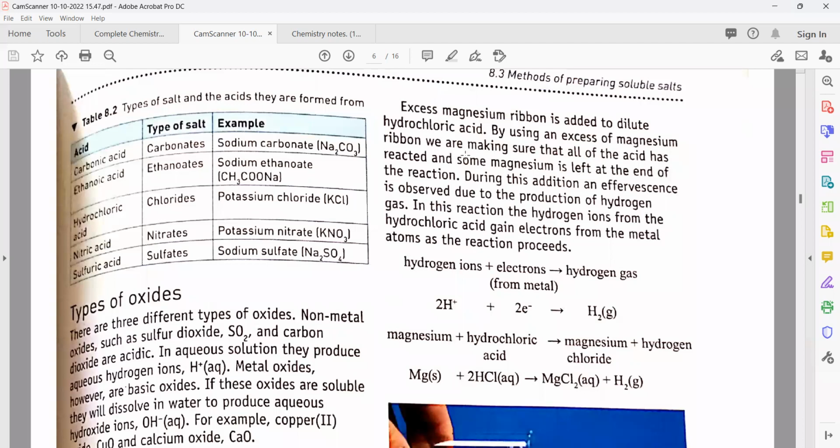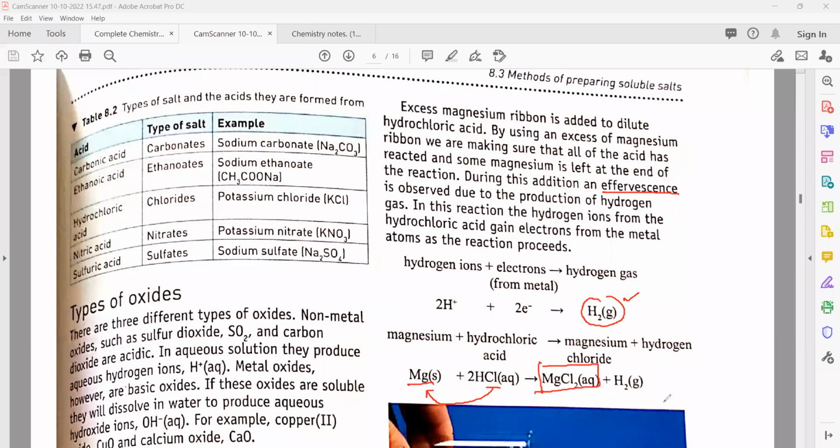So the effervescence coming means this is the hydrogen gas going out from this reaction.